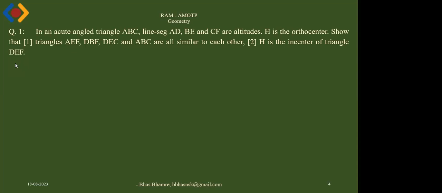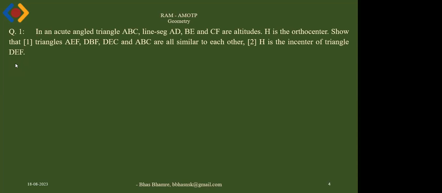So the first question is: in an acute angle triangle ABC, line segments AD, BE, CF are altitudes. H is the orthocenter. Then we need to show that the triangles AEF, DBF, DEC and ABC are all similar to each other.